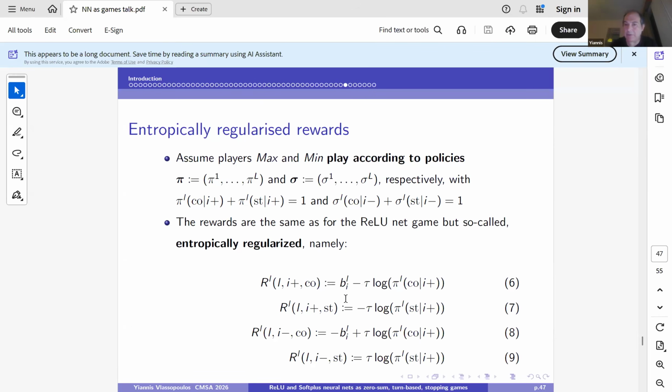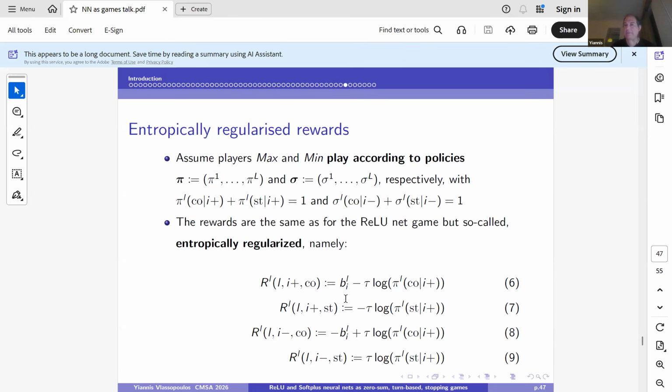This is for the continue action. And for the stop action, we had no reward before, but now we're going to add some reward, which is going to be the log probability of the stopping action. These are very small distributions, they just have two numbers, p and 1 minus p.